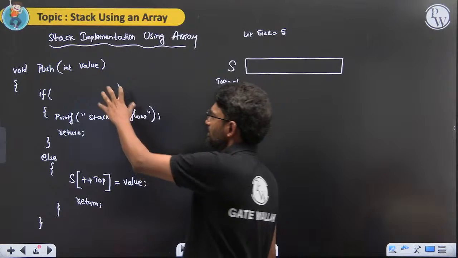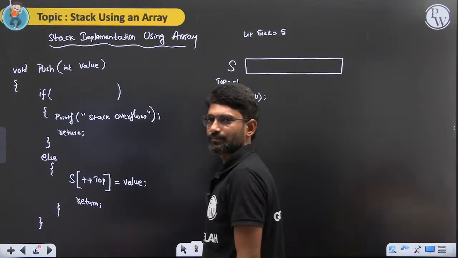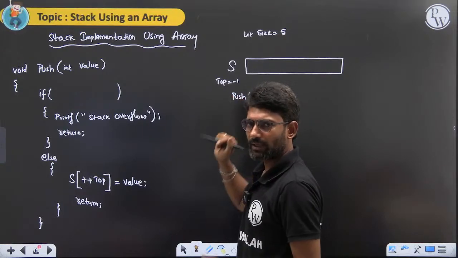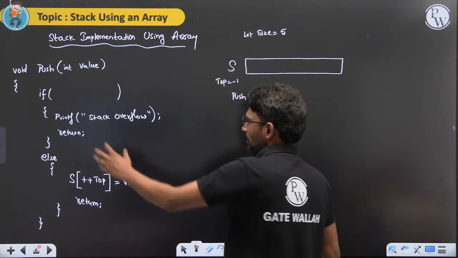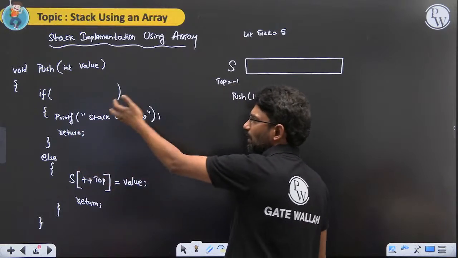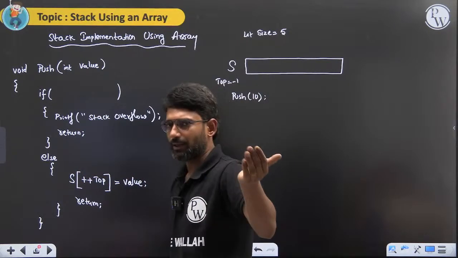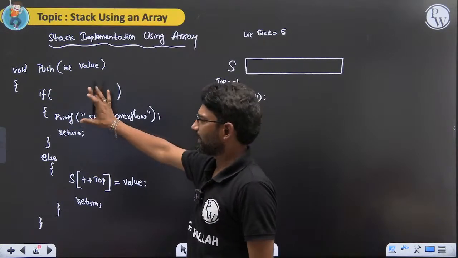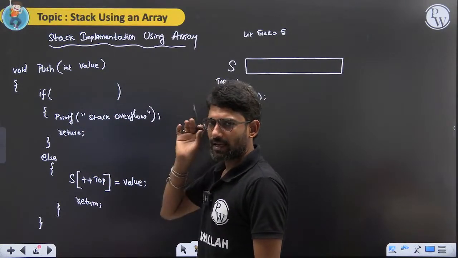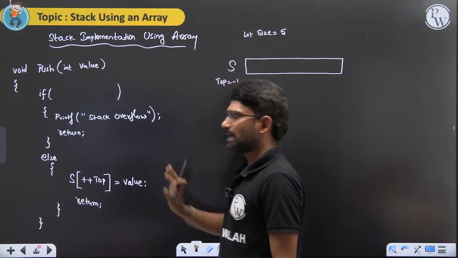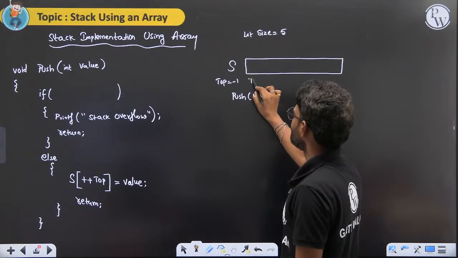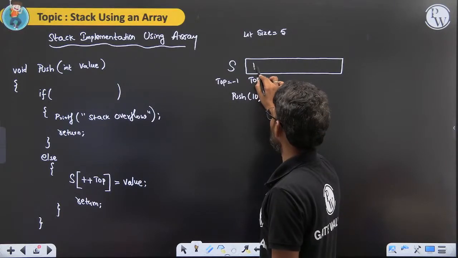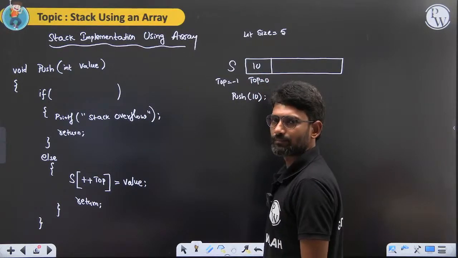So, this function is called. At least now I know there is a space in the stack. So, let's say if condition is false, what I have to write, I don't know still. Let us analyze and write. Assume if condition is false, means there is stack space. So, S of plus top. So, top becomes 0 and S of 0 is equal to 10.